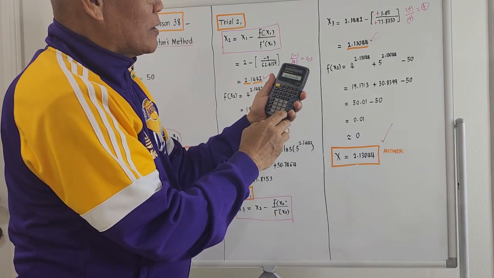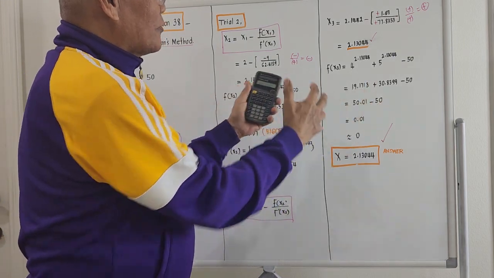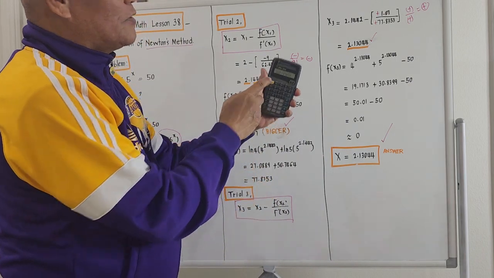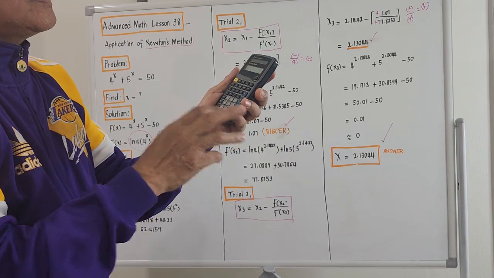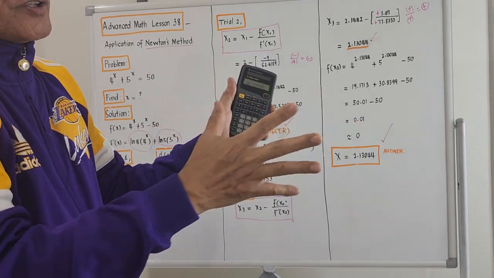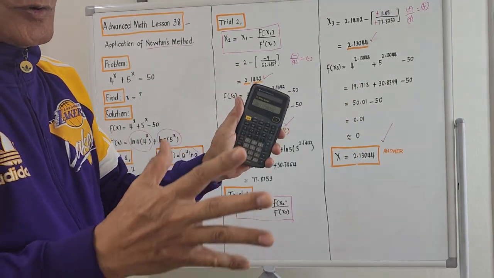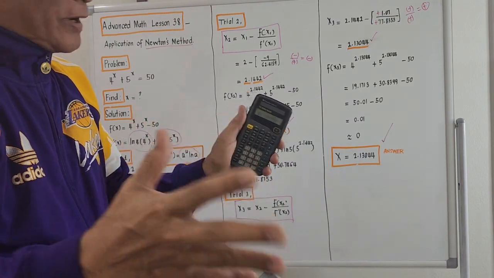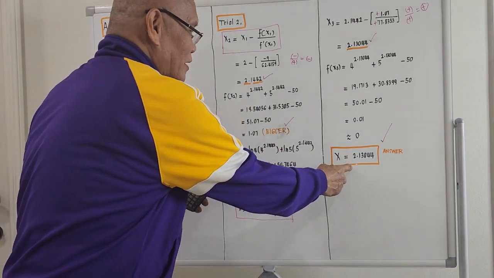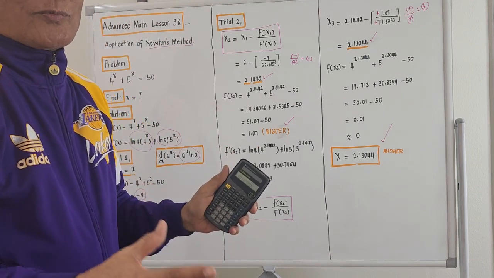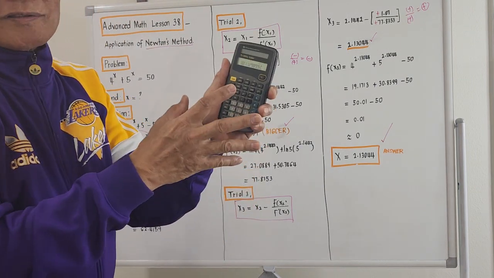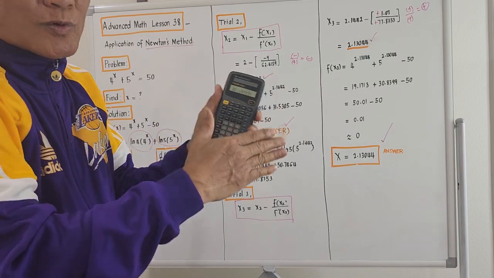I will press equal here. I took the summation already. It is 50.01 minus 50. So the difference is very minute now. So we could say that the correct answer will be 2.1344. We are just getting the approximate value because we could not take the difference to be almost perfectly 0.